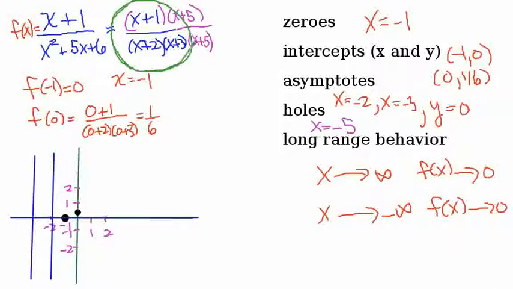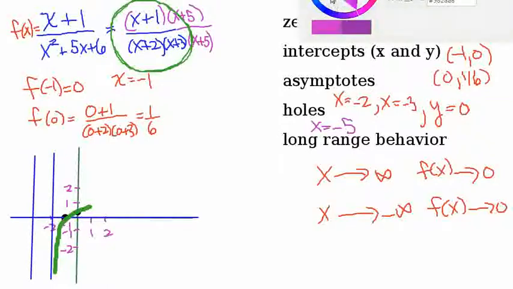Just give me the sign. If I plugged in minus 1.5, the top would be negative, the bottom would be positive, so I'd have a negative value. That means the graph is going to be spiking down like that. Remember that the minus 2 has to be an asymptote, so we know it's got to go shooting up or shooting down.